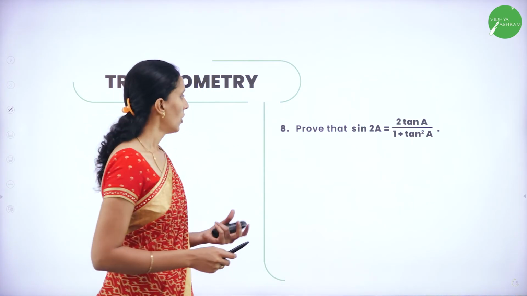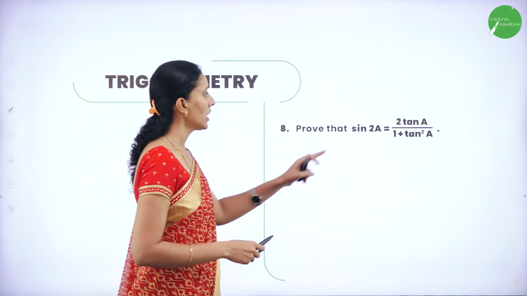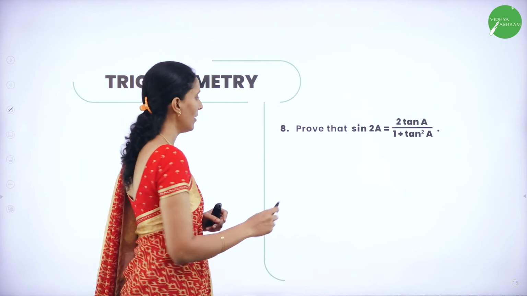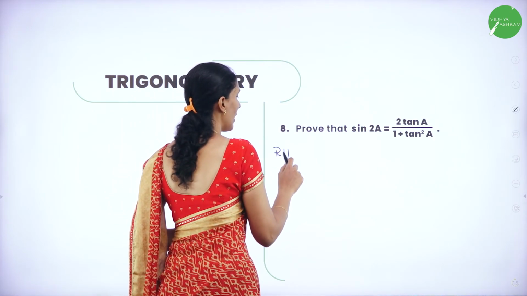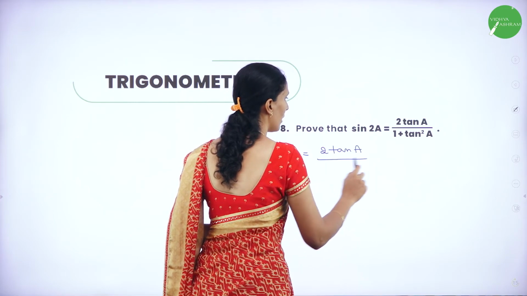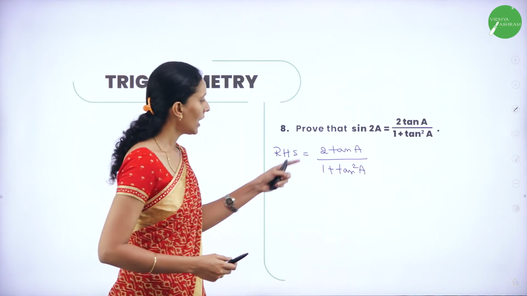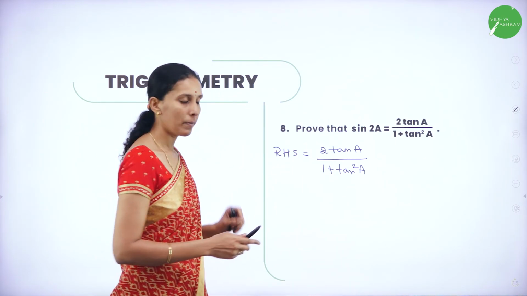Next question. Prove that sin 2A is equal to 2 tan A divided by 1 plus tan square A. Here I will take the RHS part. So RHS is equal to 2 tan A divided by 1 plus tan square A. So here replace tan by sin by cos.